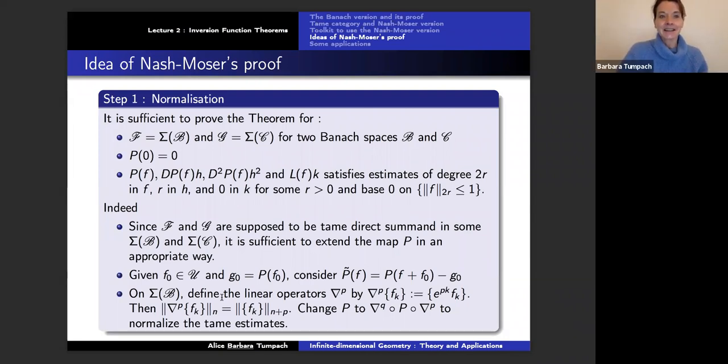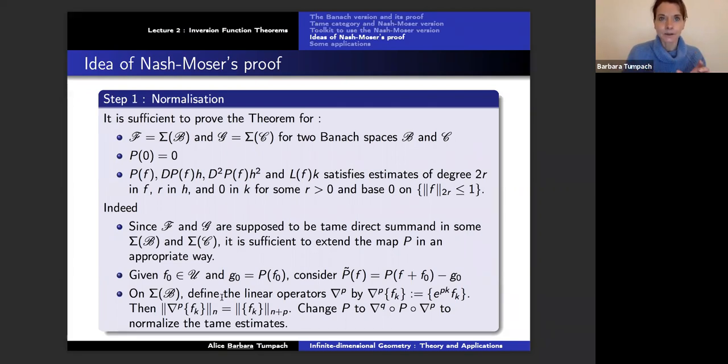So, the Nash-Moser proof also starts with a normalization. The normalization is, first of all, we do what is needed such that the Fréchet spaces we work on are these prototypes, sigma of B. B is some Banach space.